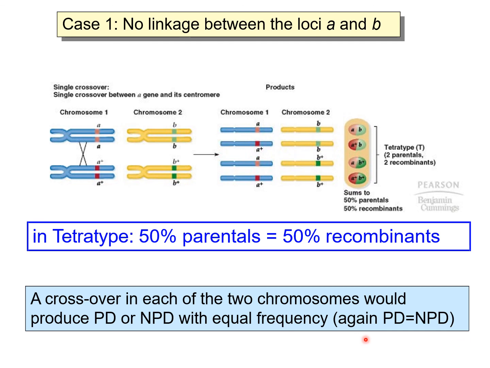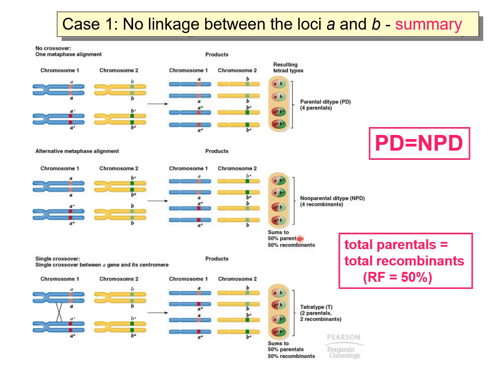Again here, parental ditype is equal to non-parental ditype. The same we have seen in the previous case where we have not considered the crossover. Now, again, no linkage between A and B.